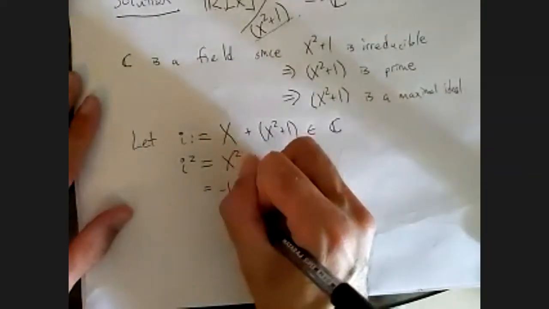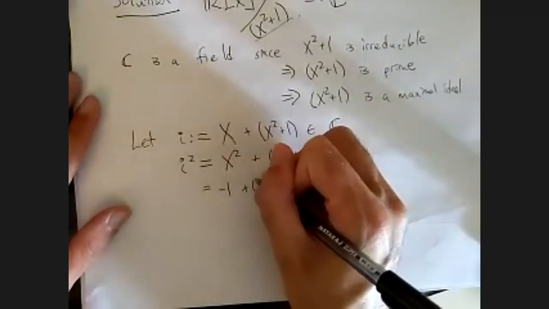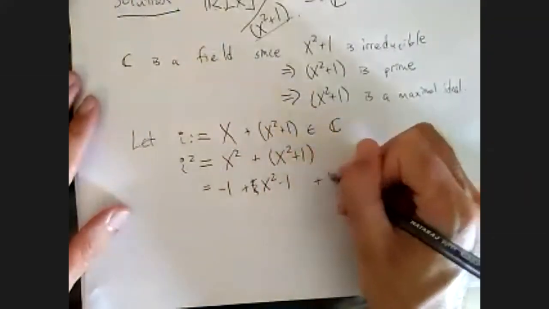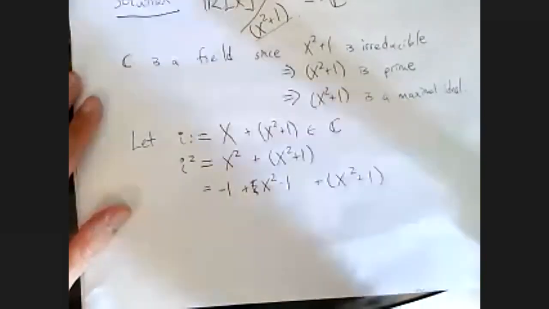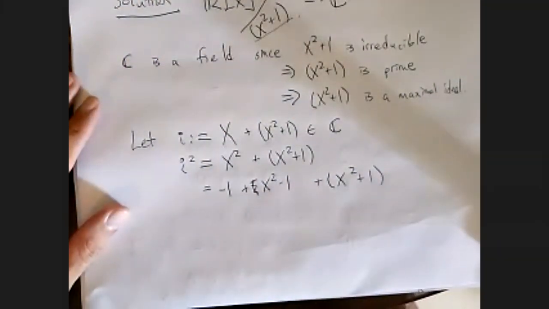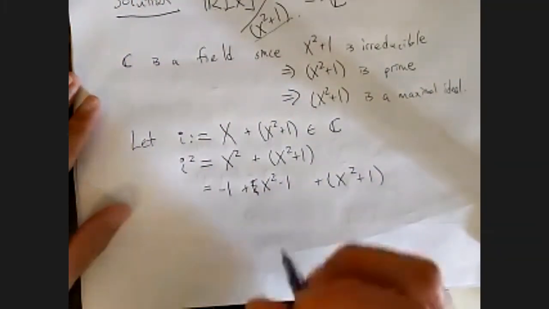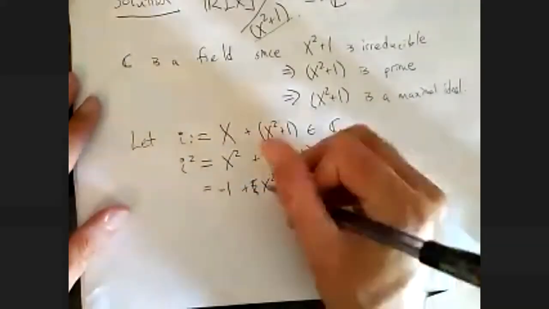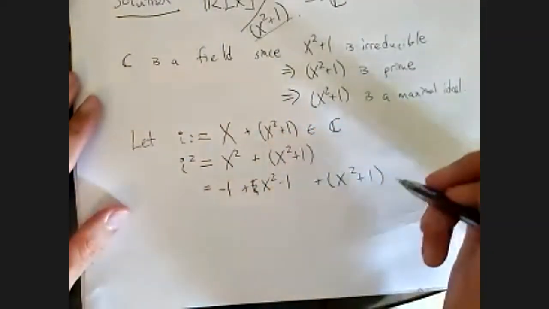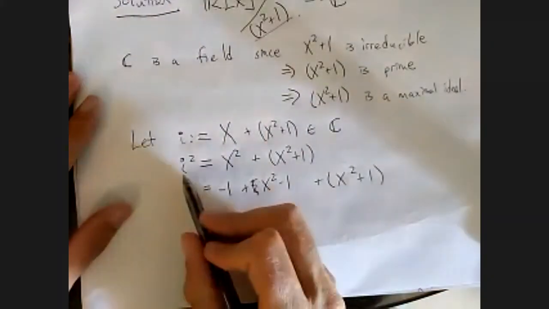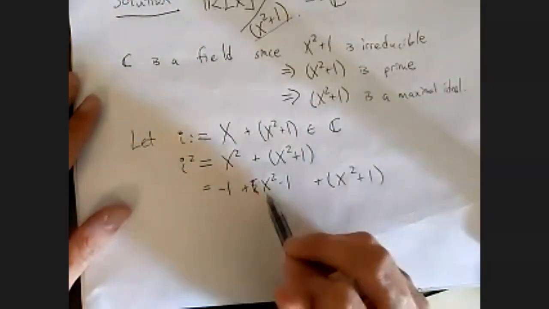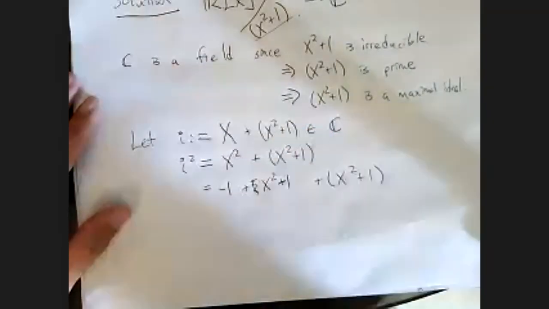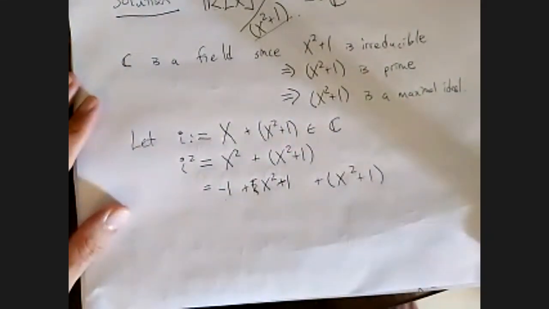So that's just the coset of negative 1 plus x squared plus 1.